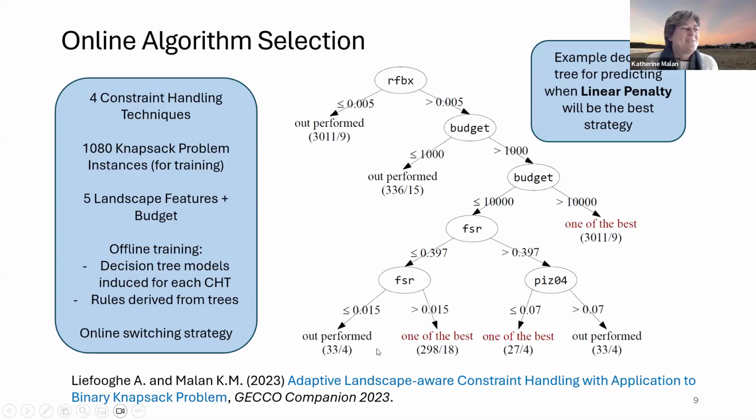Okay, so here's just one example for the linear penalty. We use these decision tree models to predict when a strategy is going to be one of the best. I'm going to come back to this later.